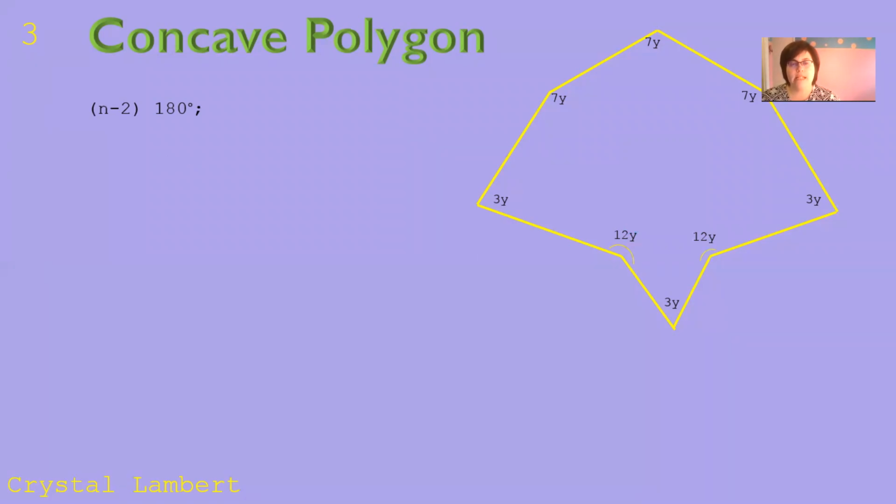Well, how many sides do we have? We have 8 sides. 1, 2, 3, 4, 5, 6, 7, 8. So when we're looking at our formula, we're going to insert 8 where there's an n. So here we have 8 minus 2 times 180 degrees gives us 1,080 degrees.